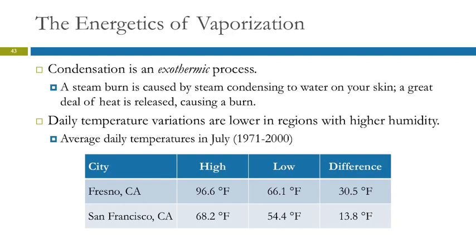So evaporation is an endothermic process. Condensation, the opposite, is going to be an exothermic process. So condensation is going from a gas to a liquid. So I think most of us have experienced not necessarily a steam burn, but at least a sense of discomfort passing your hand over a pot of boiling water, right?